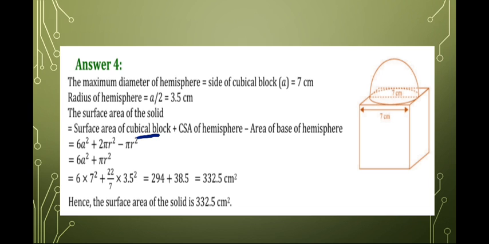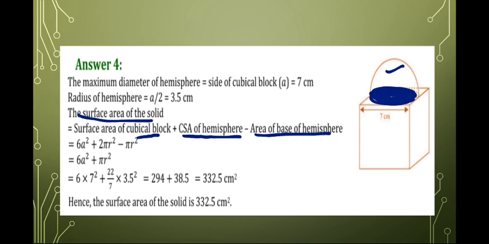So if you combine the whole thing, the area of the solid will be equal to the surface area of the cubical block plus the curved surface area of the hemisphere minus the area of the base of the hemisphere. I told you this section is not in the calculation, that's why I have to deduct the area of this portion, which is the area of the base of the hemisphere.